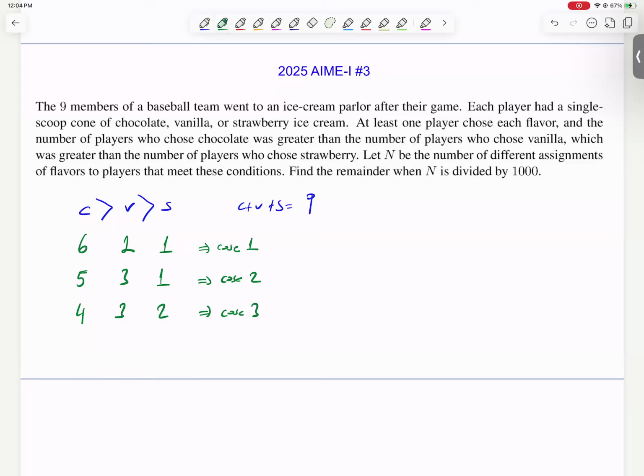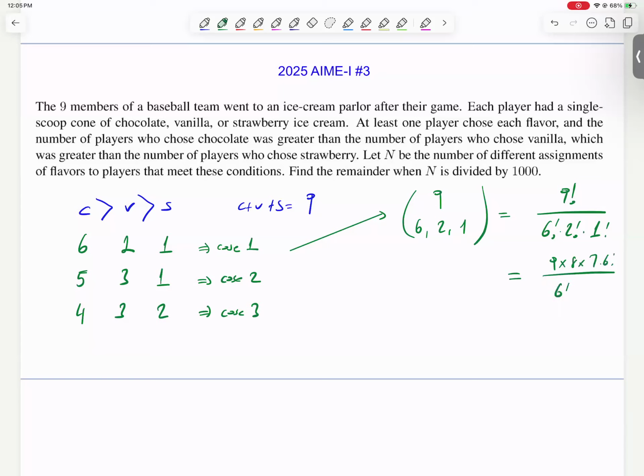In case 1, we can find the number of assignments using a multinomial coefficient. We have 9 players, and 9 choose 6, 2, and 1 is equal to 9 factorial divided by 6 factorial times 2 factorial times 1 factorial, which is equal to 9 times 8 times 7 times 6 factorial divided by 6 factorial times 2.